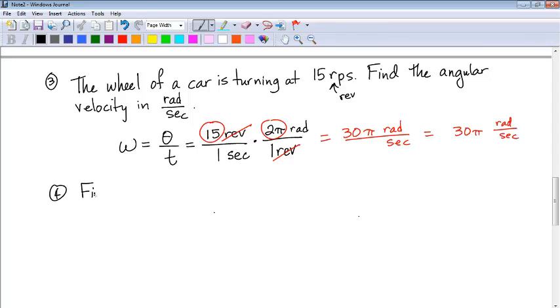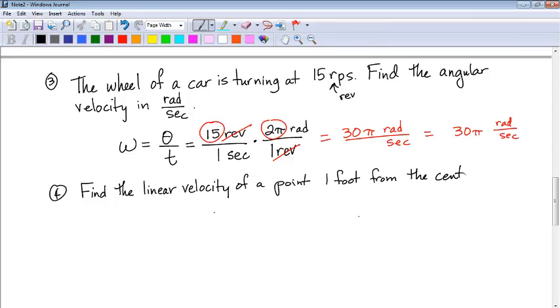Find the linear velocity of a point 1 foot from the center in feet per second. So this time they want linear velocity.